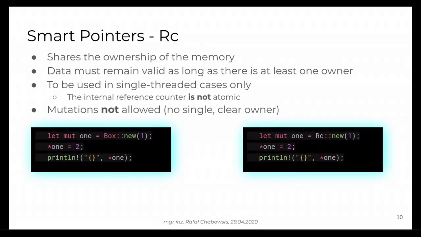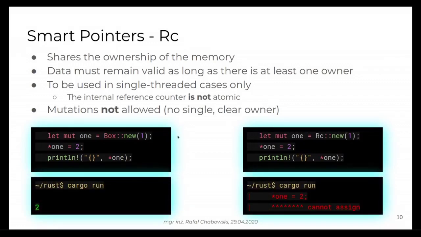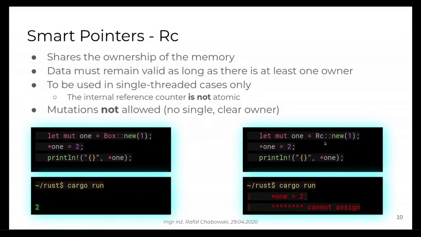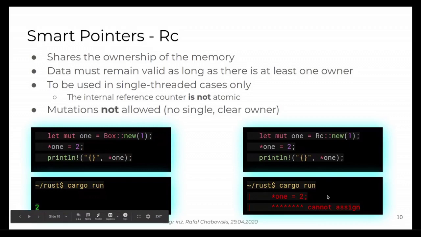Because internally it counts the active references, strong references to the memory, and this counter is not modified in an atomic way. So this is the difference from the shared pointer from C++. So as you can see here, you can modify box and change the value stored inside, but in the case of Rc, you're going to get a compilation error that you cannot assign the value.